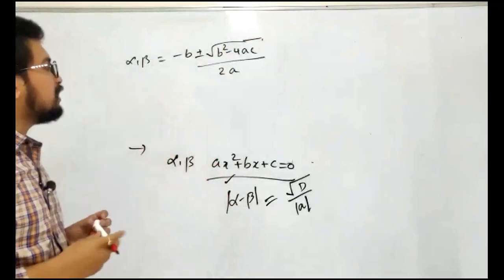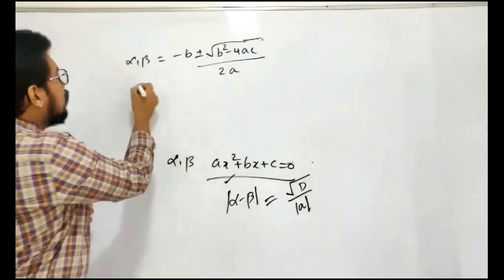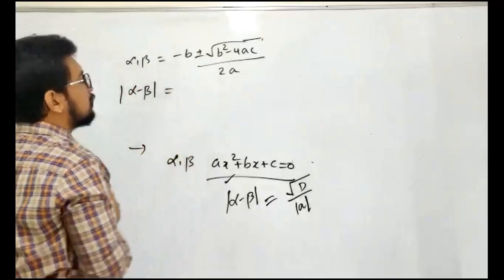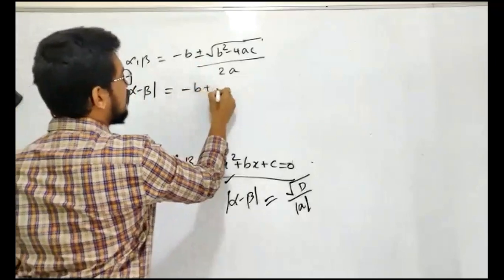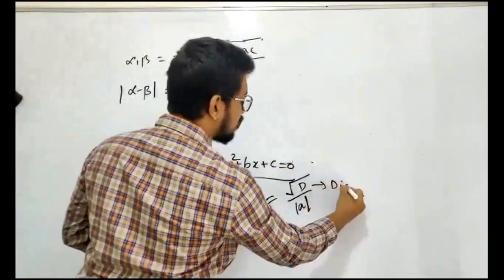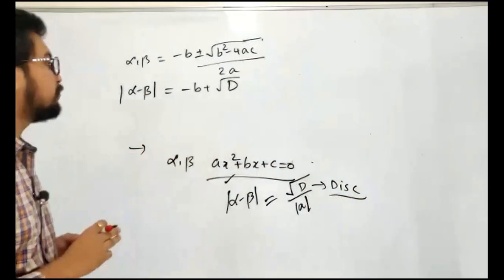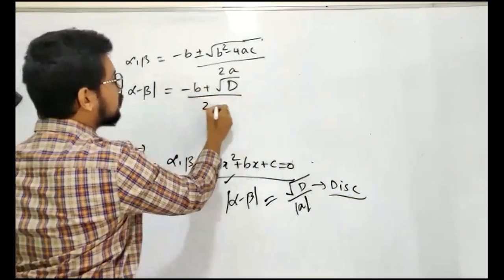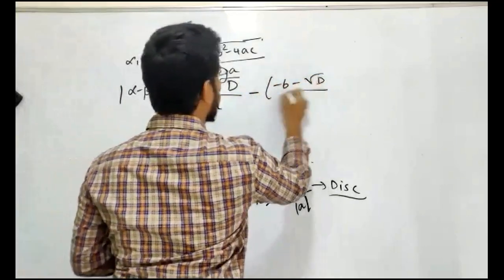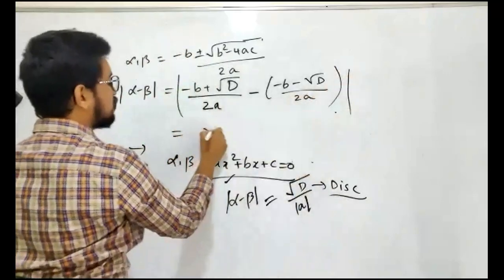So I'll take alpha minus beta. This will be minus b plus root d by 2a, where b square minus 4ac is nothing but the discriminant, and d stands for discriminant. Minus of this is minus b minus root d by 2a. Modulus of this, I can write as root d by mod a.